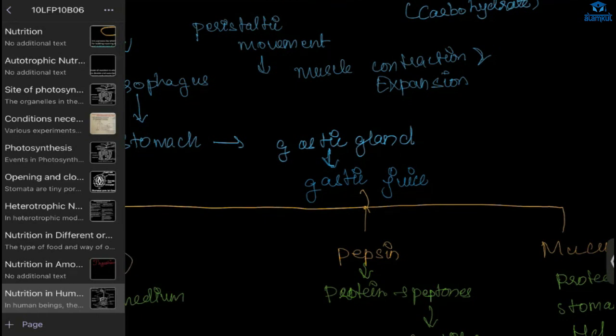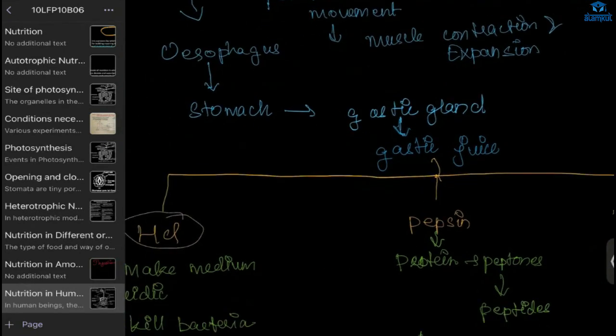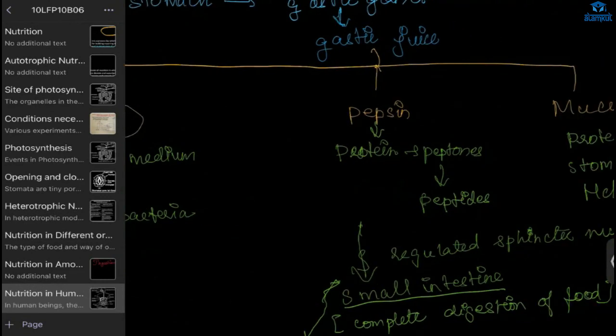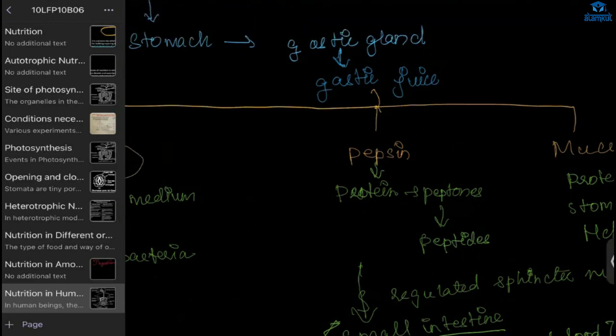Ma'am, small intestine? Yes, correct. And what is the work of trypsin, Ria? Ma'am, it breaks down proteins. And where is it found? Pancreas. Okay, that's all for today.